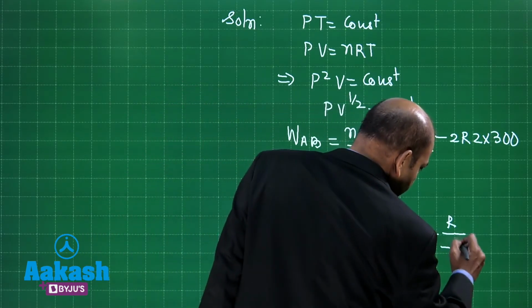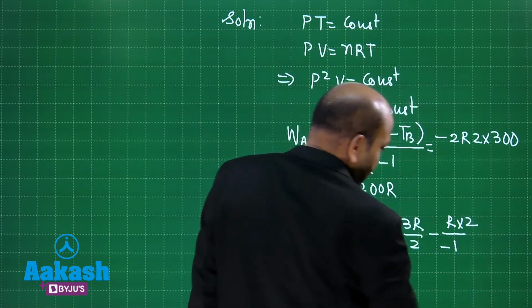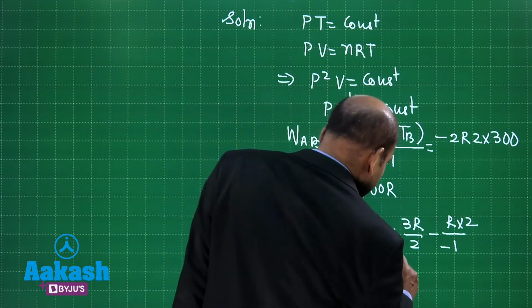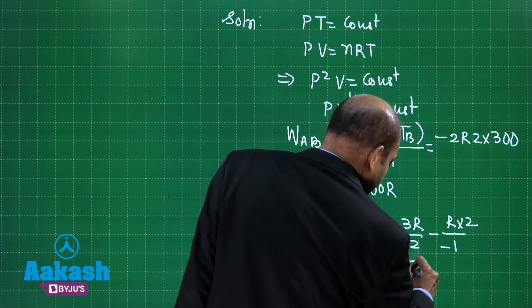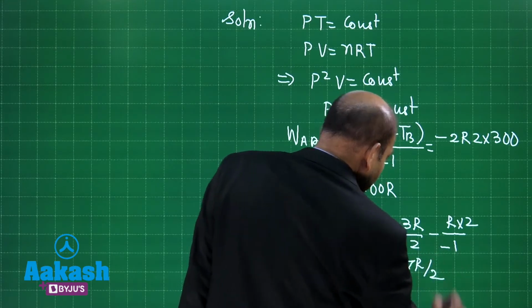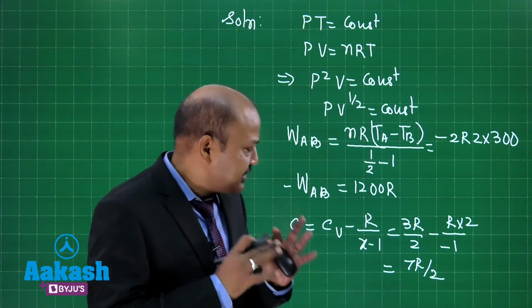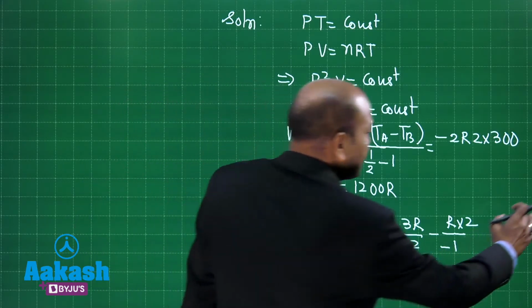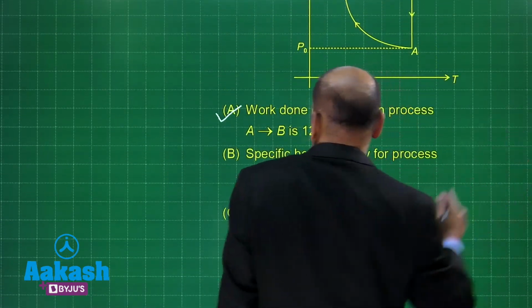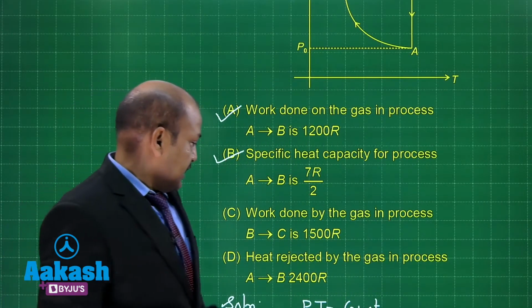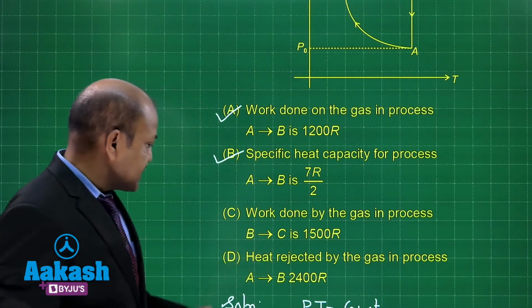So the 2 will come in the numerator, which means it is equal to 7R by 2. So molar specific heat for the process AB is indeed 7R by 2, and that means we have another correct option, option B. Let's now evaluate options C and D.